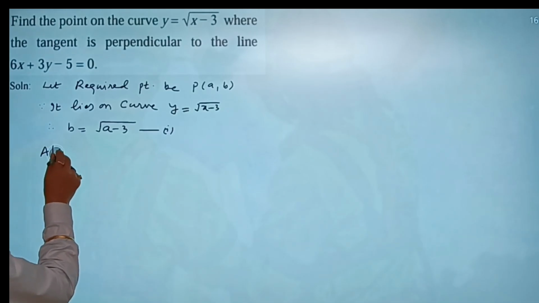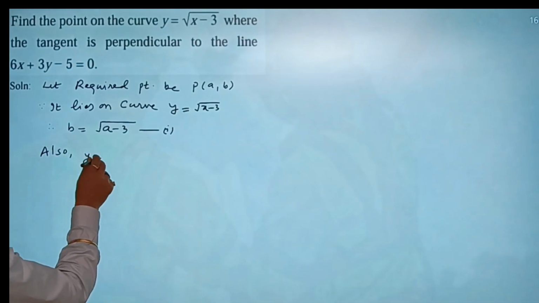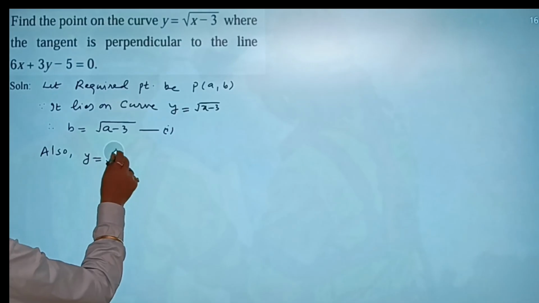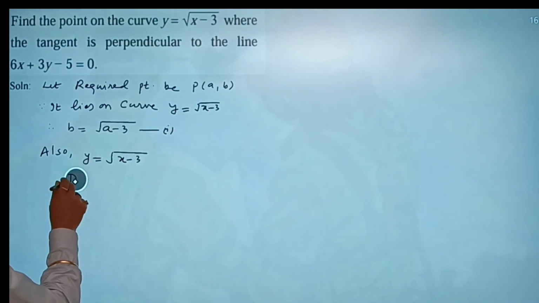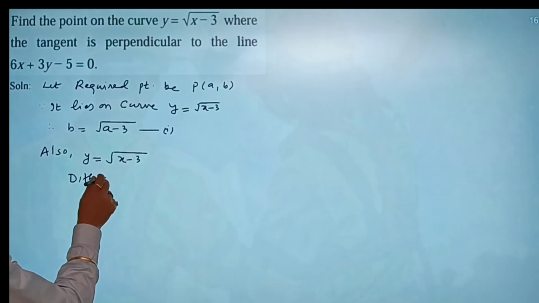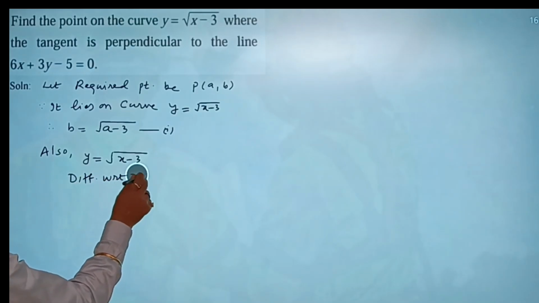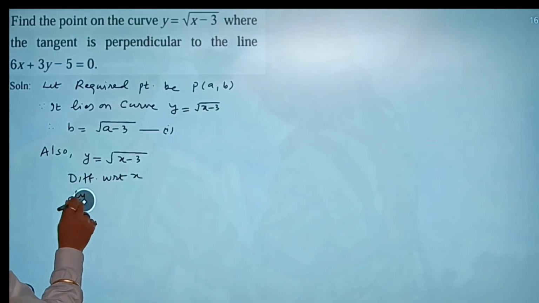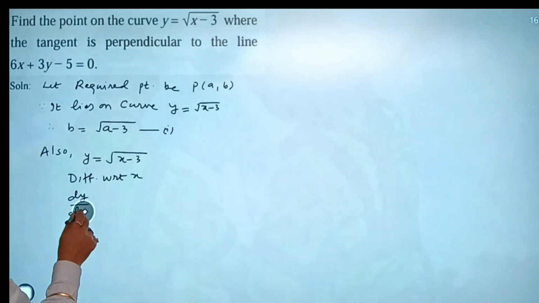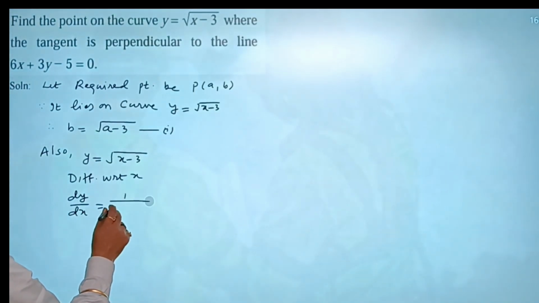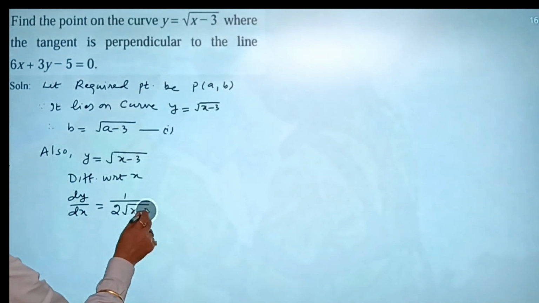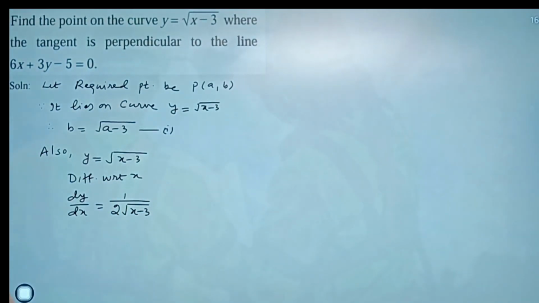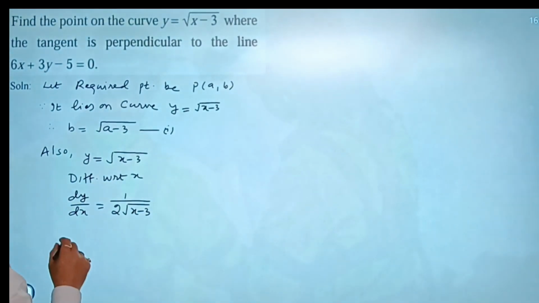Also, y is equal to root x minus 3. Differentiating with respect to x, dy by dx is equal to 1 upon 2 root x minus 3 into derivative of x minus 3, which will be 1.